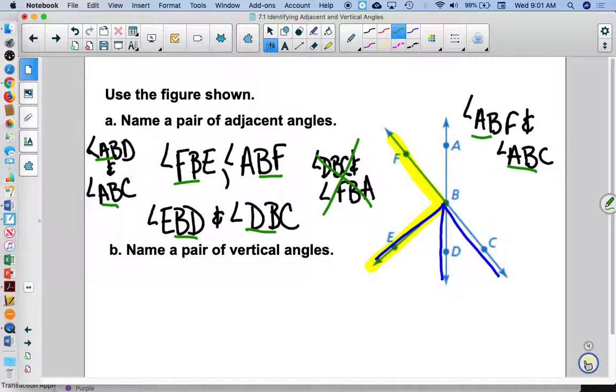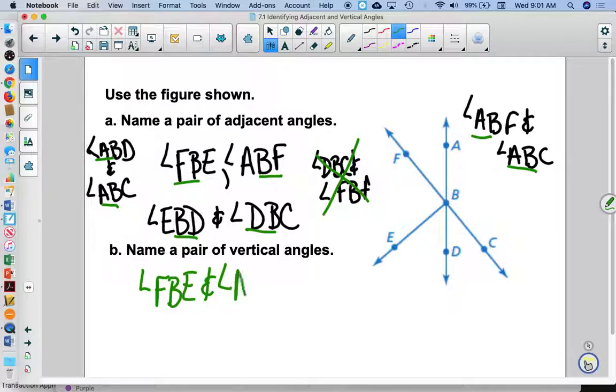So with that information, I'm going to erase this, which ones are vertical angles? Aaron. Angle FBE and angle ABC. So I've got this angle and this angle. They are opposite each other.